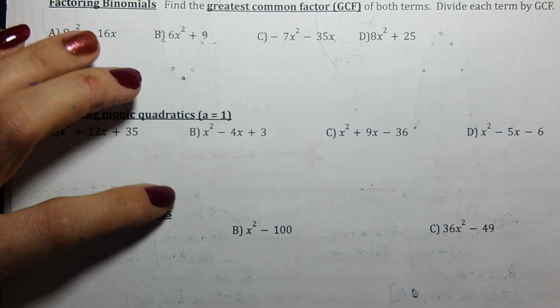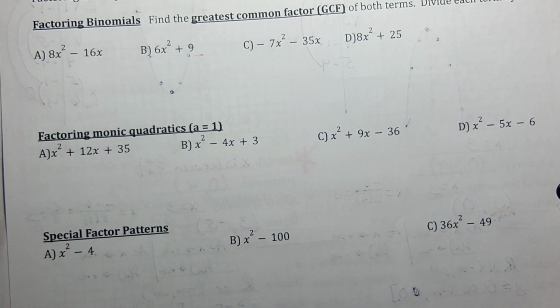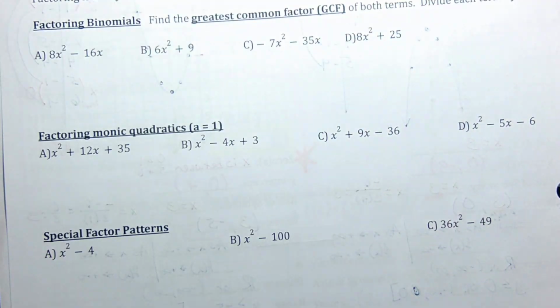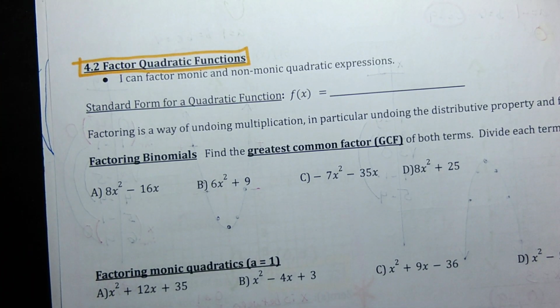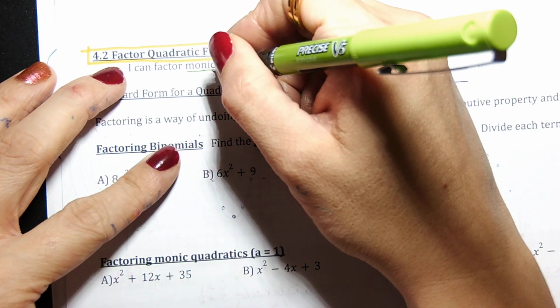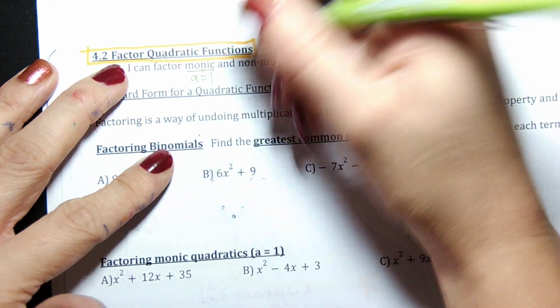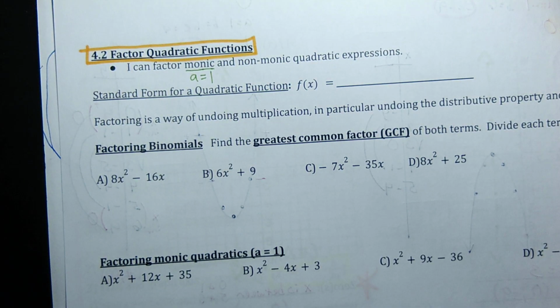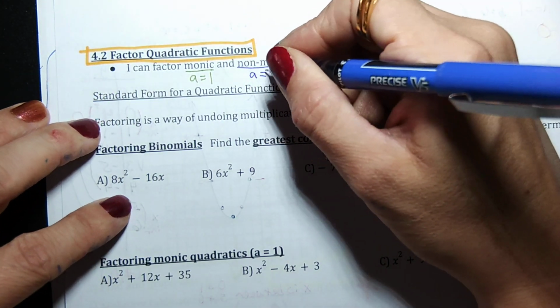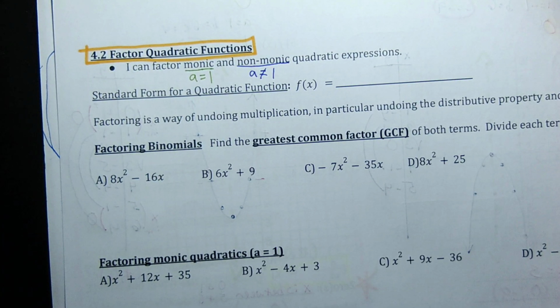So this leads us to factoring quadratic functions, Section 4.2. So we've done graphing, now it's time to factor. There are two types of quadratics we're going to be looking at: monic expressions, which is when your a value is equal to 1, and non-monics, where your a value is equal to something other than 1.